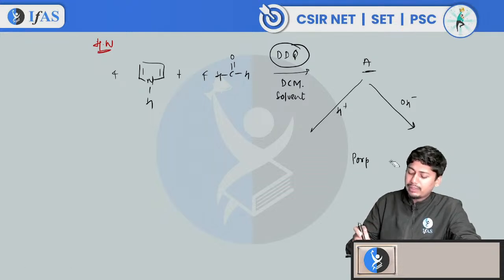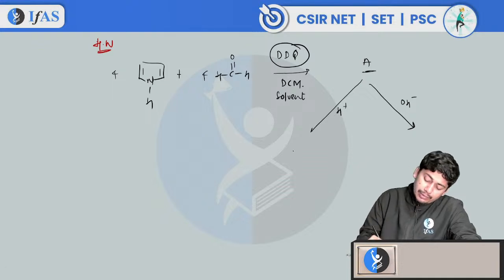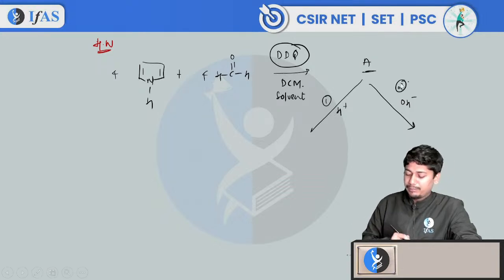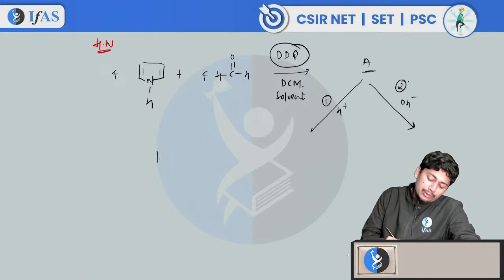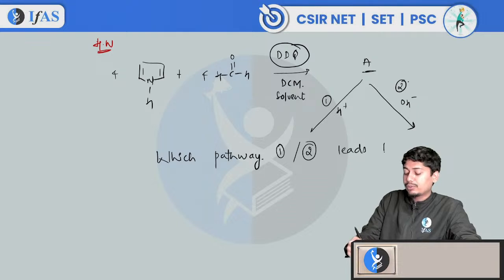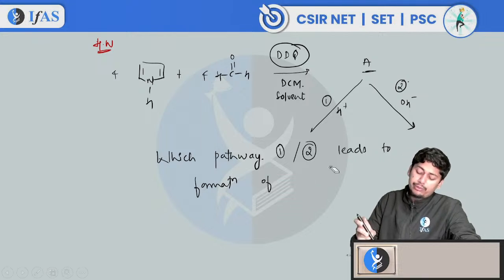I will take the first pathway, and this is going to be the second pathway. So the question is which pathway, 1 or 2, leads to formation of heme unit.